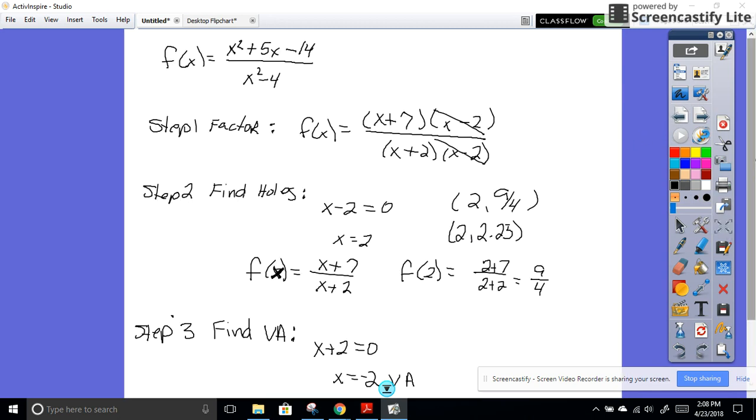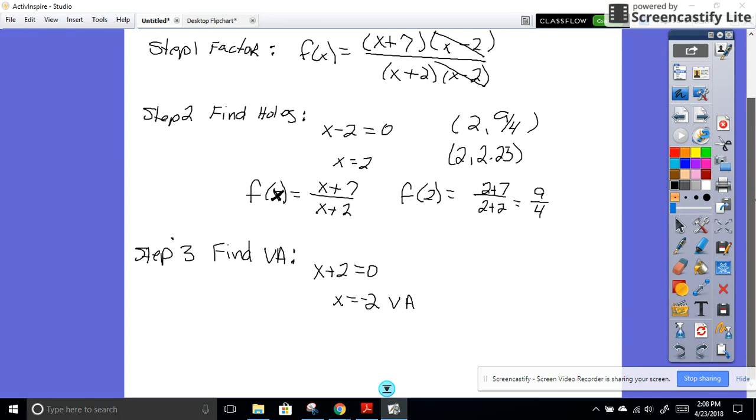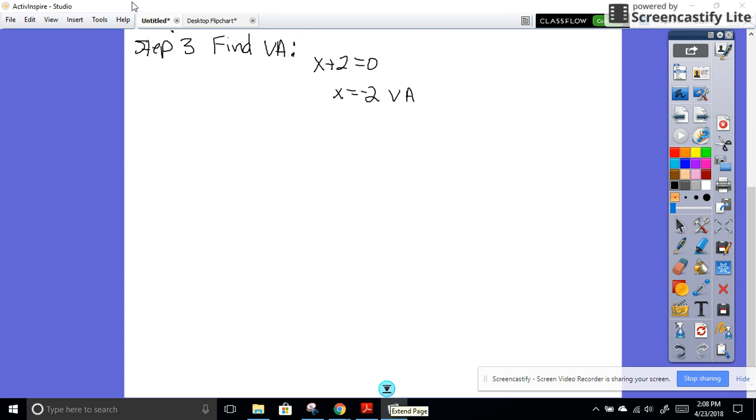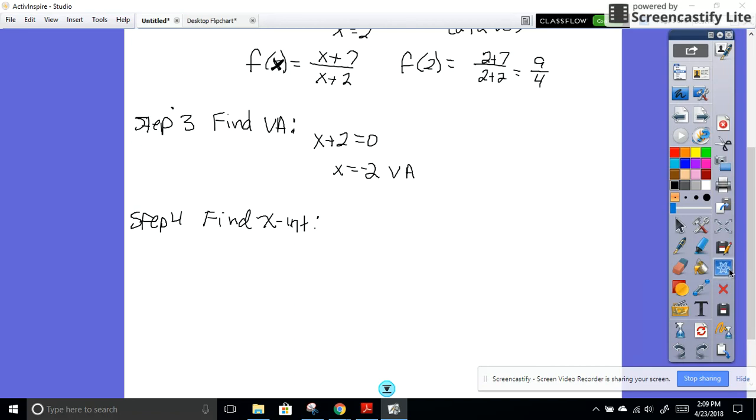Next thing to find is my zeros. Step 4 is to find my zeros, or my x-intercepts. How do I do that? I take my numerator and set it equal to 0.